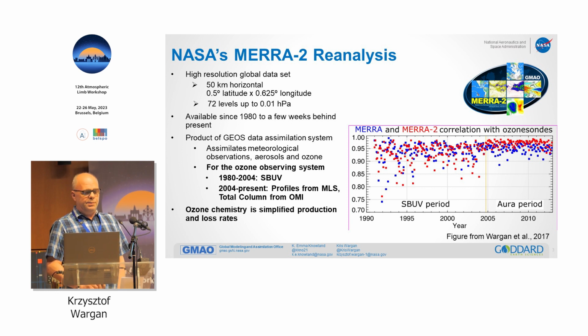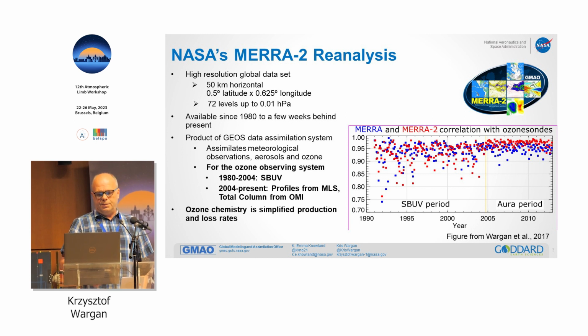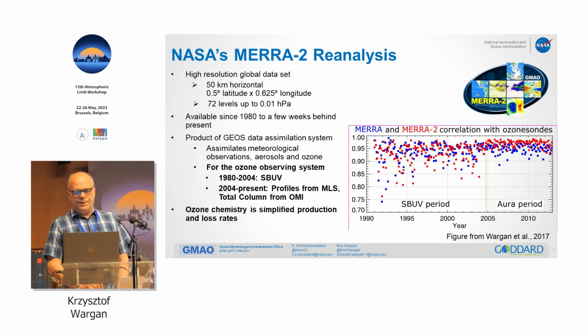So MERRA-2 is a meteorological reanalysis, 50 kilometers horizontal resolution, 72 levels, up to 0.01 hectopascals. And it covers the period of basically the satellite period to the present. One of the things that we do assimilate there is ozone.